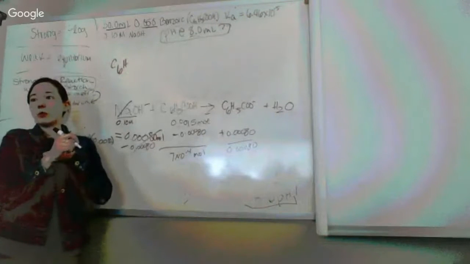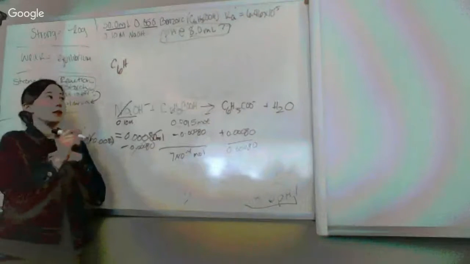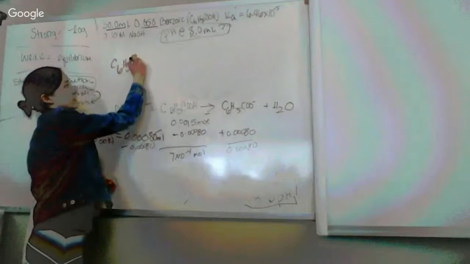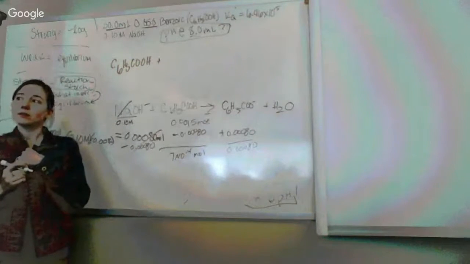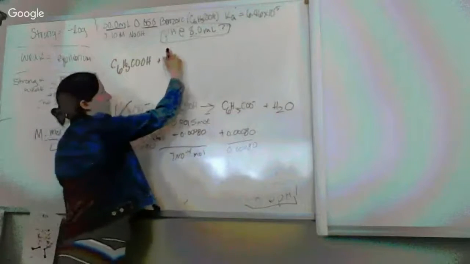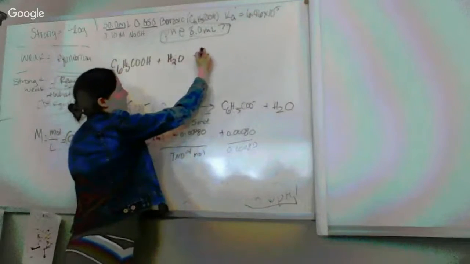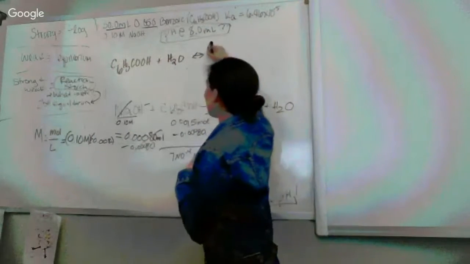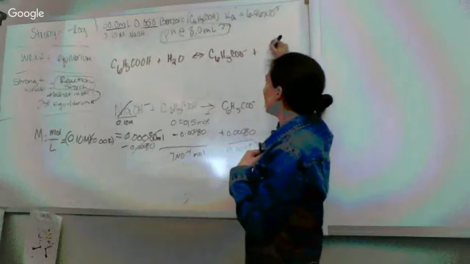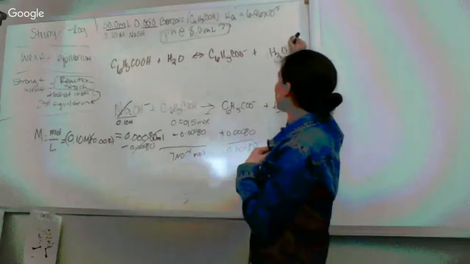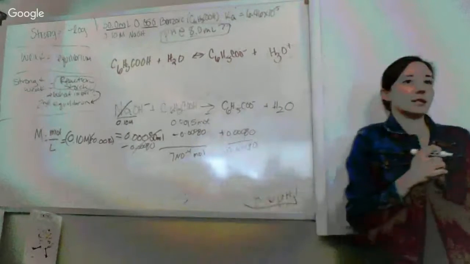And anytime I have a weak acid, as long as there's any present, it goes on the reactant side. What's it most likely to react with? Water. And now I've got an equilibrium problem. And now I can do an ICE table.